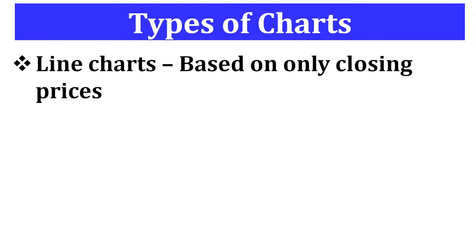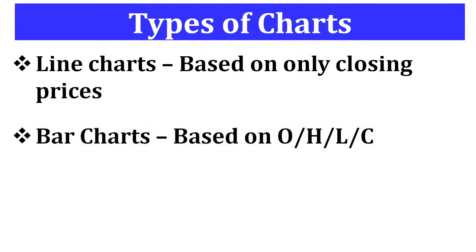The first chart which we commonly use is the line chart, which is based only on the closing prices of the stocks. The next type of chart is the bar chart. These are plotted by taking into consideration all four values: open, high, low and close.